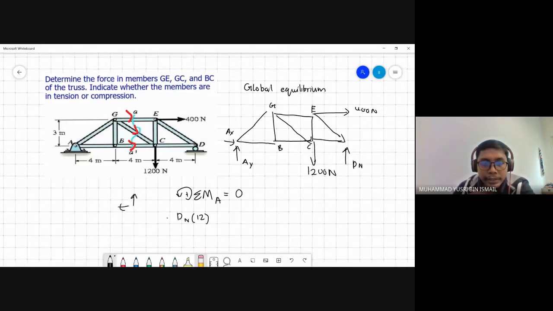It is clockwise, so negative. Then clockwise as well. This is anti-clockwise. So let's say clockwise is negative, times 8, equal to 0.